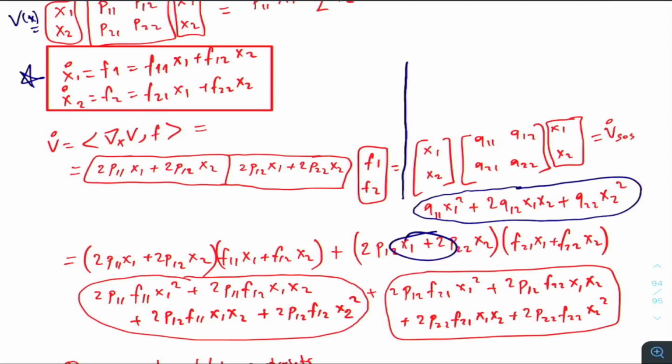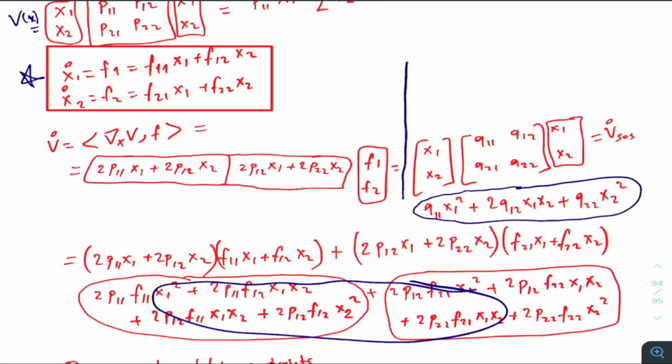Here, this term and this term, and again there will be these four terms. And yes, so we have these 8 terms, and now we want to prove the negative definiteness of this large polynomial.